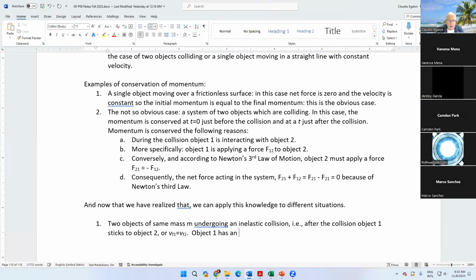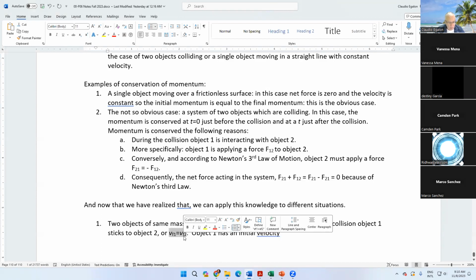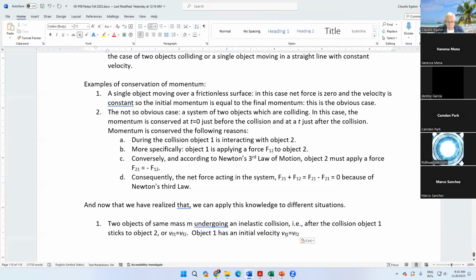Object 1 has an initial velocity V01, that's known, and object 2 is initially at rest, or equal to 0, like that.